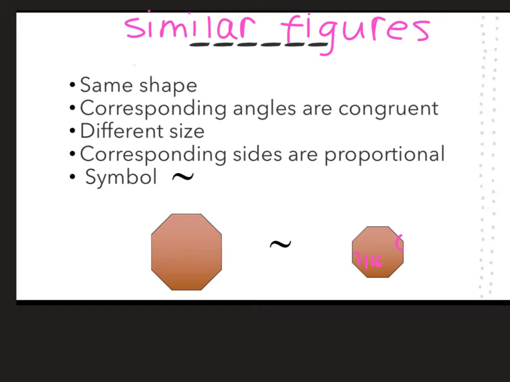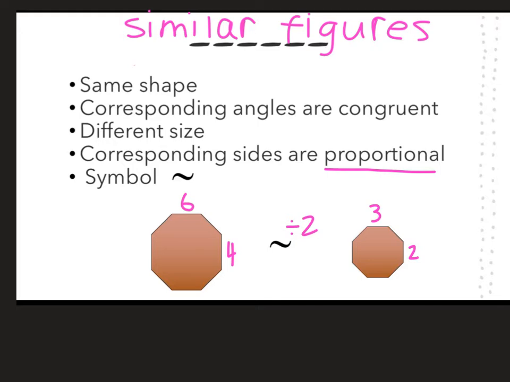But at the same time, if you look at the fourth bullet point, it says corresponding sides are proportional. Proportional means that they're not going to be the same number. But let's say, for example, this side right here was 4 and this one was 2 on our smaller figure. Well, that's proportional if this one was 6 up here and this was 3, because then our bigger one would have been reduced by 2, which would have made this a proportional reduction.